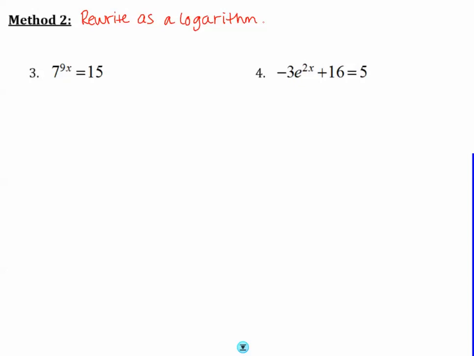So instead, I need to switch this to be a logarithm. So if I rewrite this, I would have log base 7 of 15 equals 9x. Then to solve for x, I would need to divide both sides by 9. So I would end up with log base 7 of 15 over 9 equals x. Now you can use your calculator to evaluate this. Using your calculator should always be the very last step.